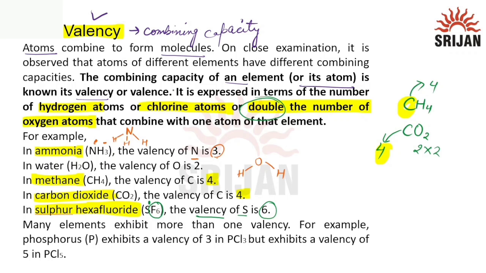Many elements exhibit more than one valency. For example, phosphorus. In PCl3, the phosphorus is forming a bond with 3 chlorine. Therefore, the valency is 3. In PCl5, phosphorus is forming a bond with 5 chlorine. Therefore, the valency is 5 here.